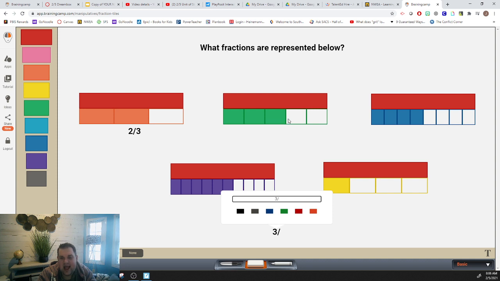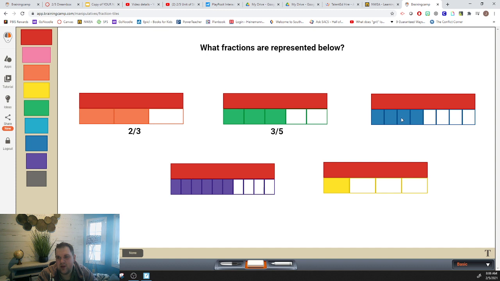And now we need to figure out how many of these pieces it would take for us to make one whole. So think about that. We see 3, but we would need 2 more to equal one whole. 3 plus 2 is 5, so it is fifths. 3/5 is what you see in this picture. So I'm going to label this 3/5.